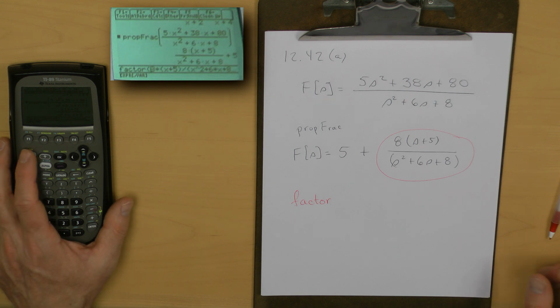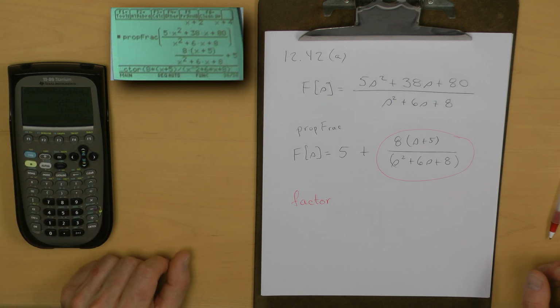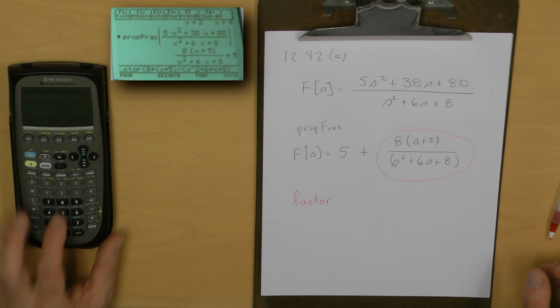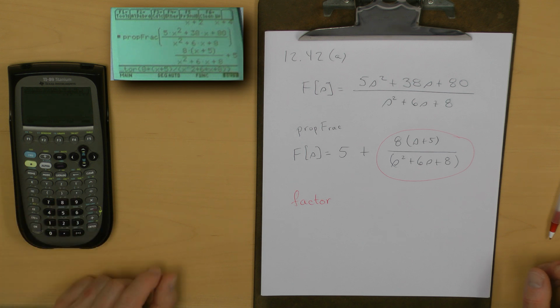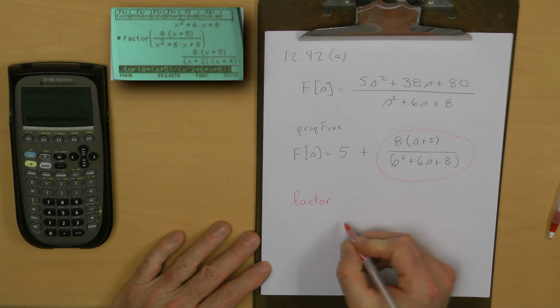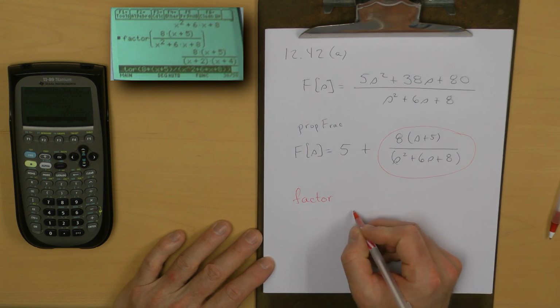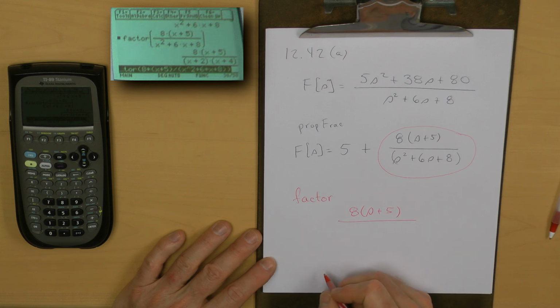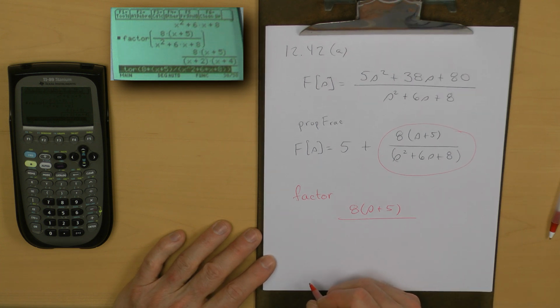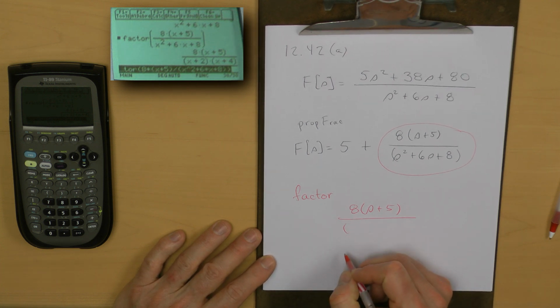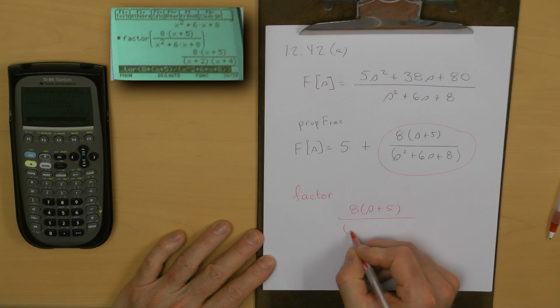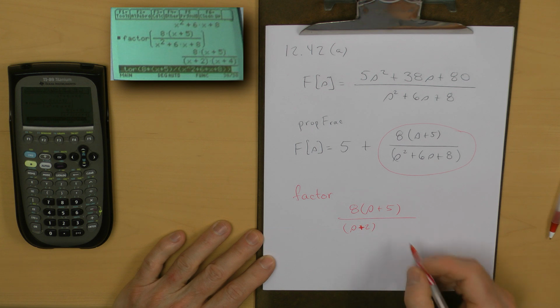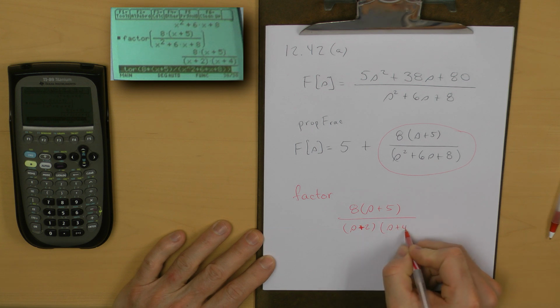I now simply need to close that up, and I'll do a second right arrow and close the parenthesis, and now I can hit enter. For that one piece, I now have 8 times the factor s plus 5, and the s squared plus 6s plus 8, which you could probably have already seen, is factorable into s plus 2 and s plus 4.